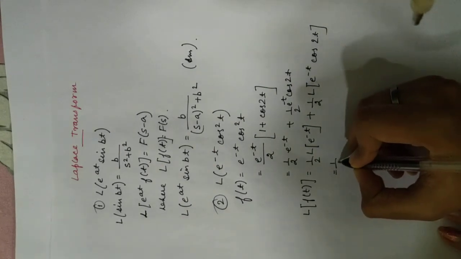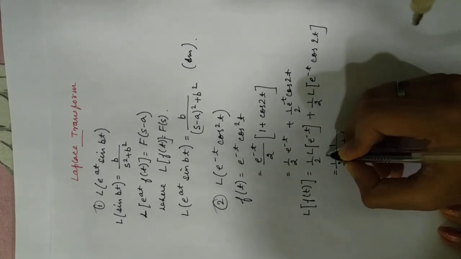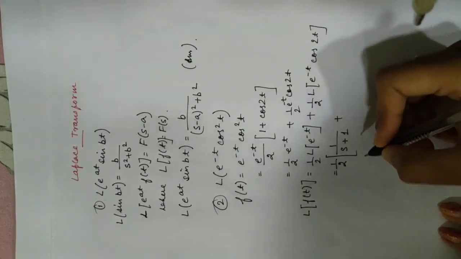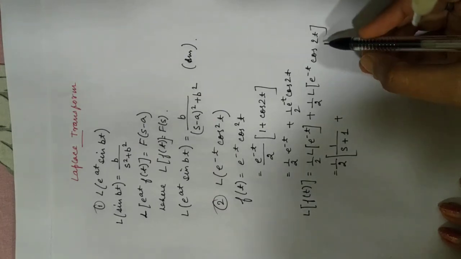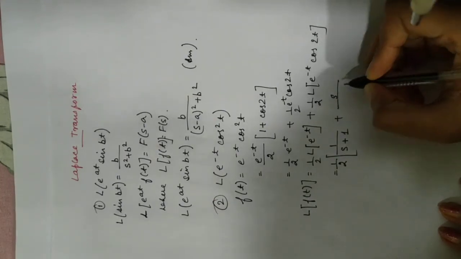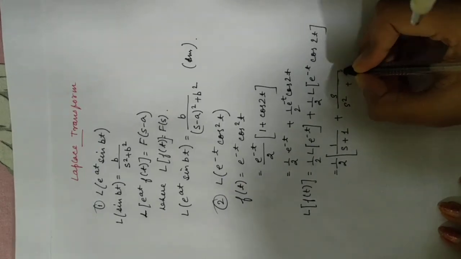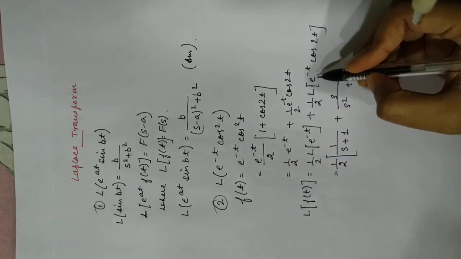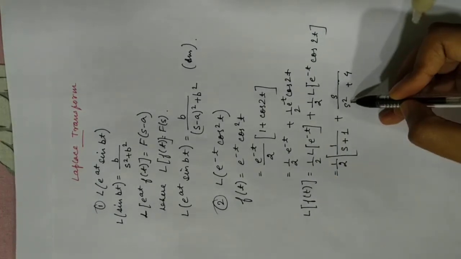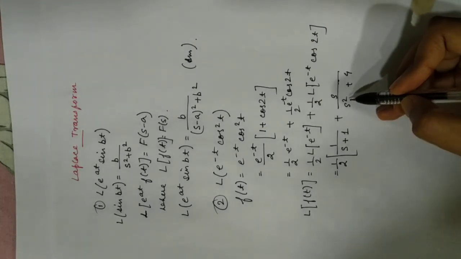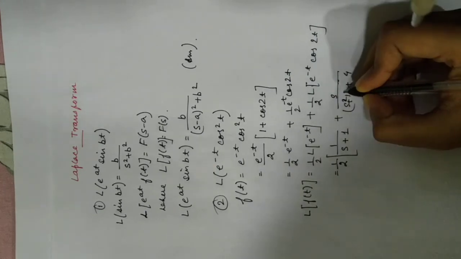So over here we have half, and this becomes 1 divided by s plus 1, plus we have taken the half outside and taking this, the Laplace transform of cos 2t is equal to s divided by s square plus 2 square, that is 4. And since we have an e to the power minus t factor multiplied to cos 2t, this gets translated by 1, that is, this becomes s plus 1 square.